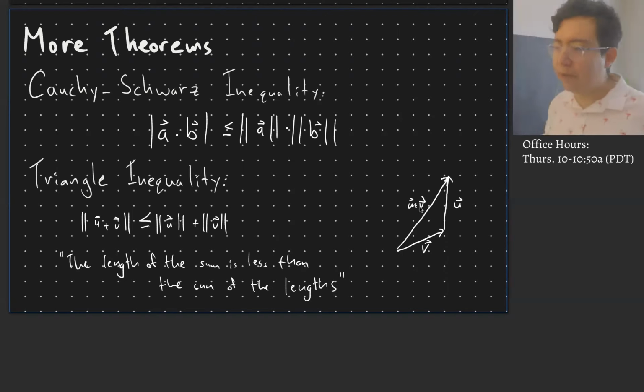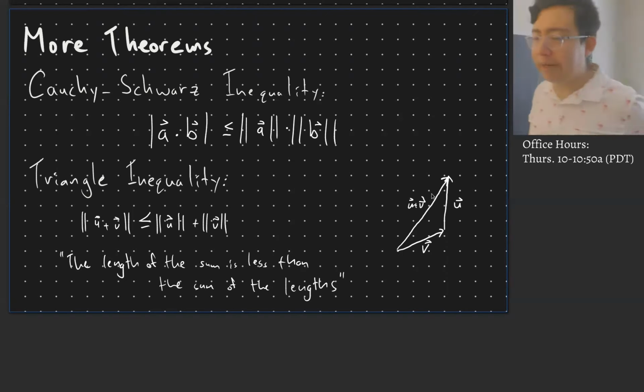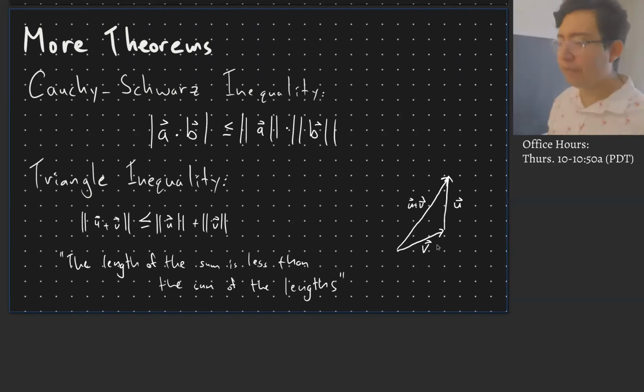And when you draw the picture, it becomes quite clear that this is going to be true. Imagine you're driving somewhere. Driving straight there is going to be quicker than driving somewhere else, making a stop, and then from there driving to your ultimate destination, right? Because you make this triangle.